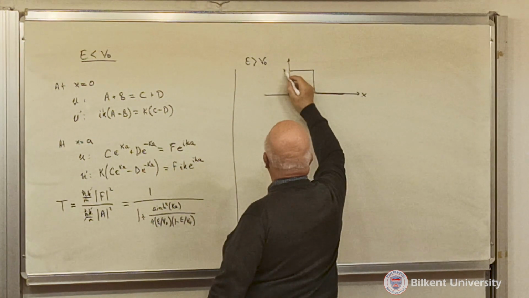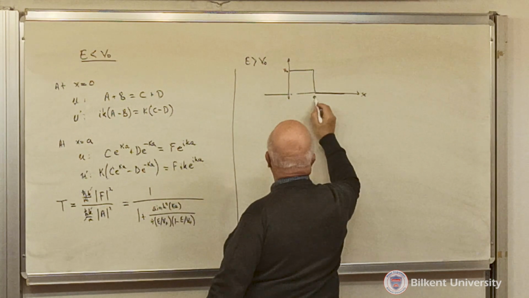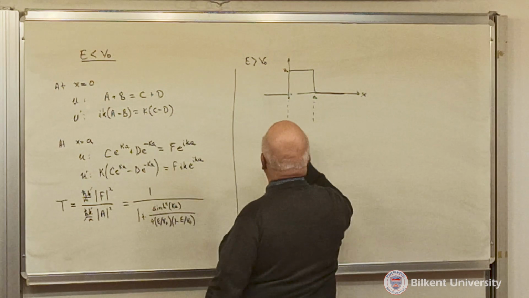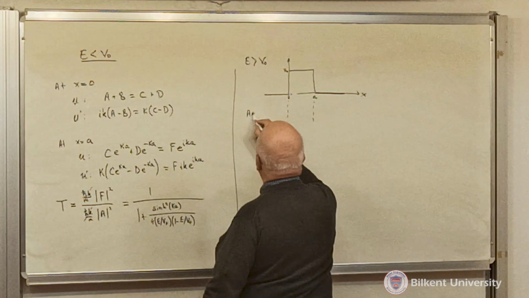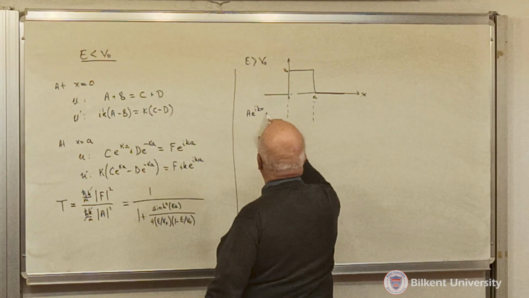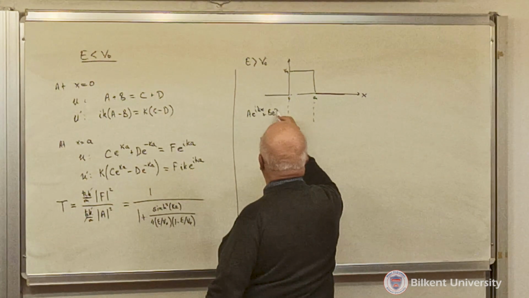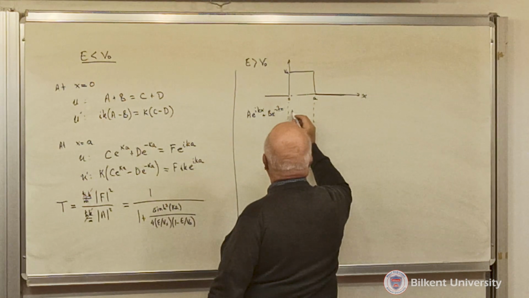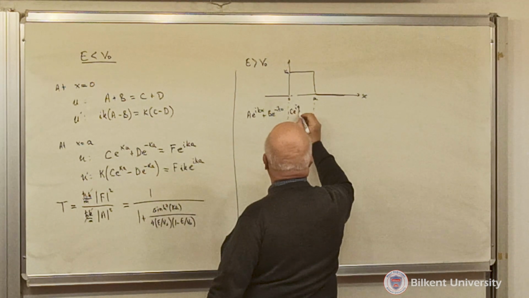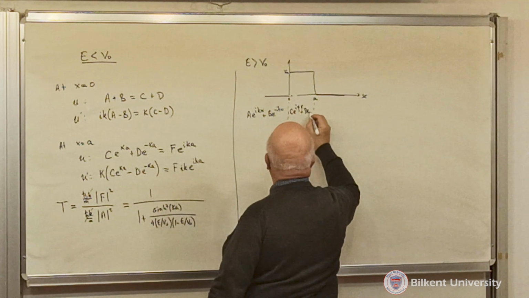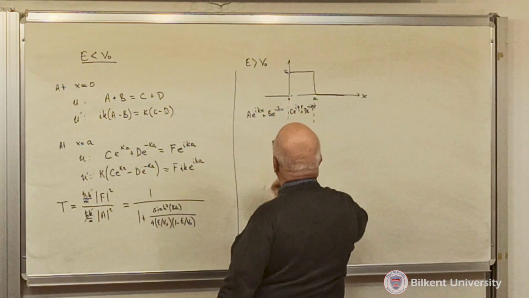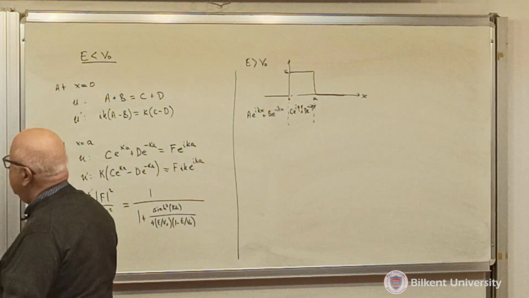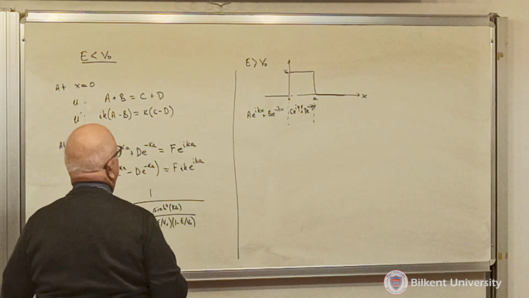This is V0, and that's 0, and that's a. So the solutions are again going to be the same. I'm going to get a e to the I kx plus b e to the minus I kx here. But now here I'm going to get c e to the I qx plus d e to the minus I qx. I get oscillatory solutions because now my kinetic energy is greater than the potential energy.